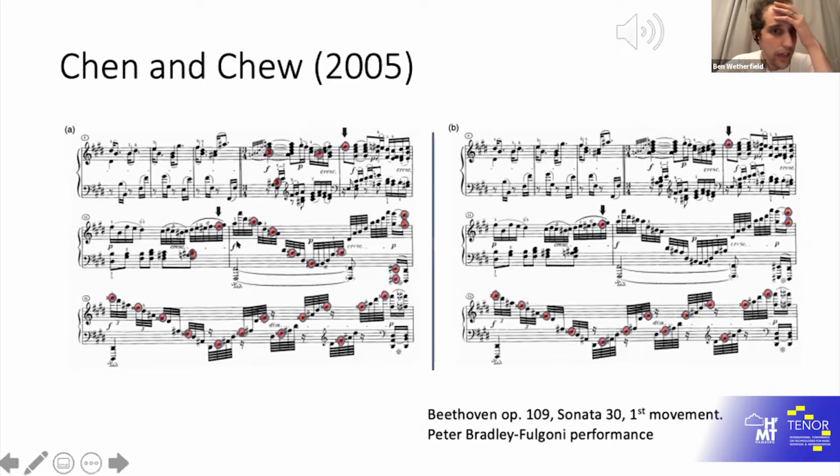So the arrowheads are where the performance of the Chen and Chu algorithm made mistakes, and the circled red blobs were mistakes made by commercial notation software at the time. So it would have been Finale and Sibelius. I forget which way around they are.